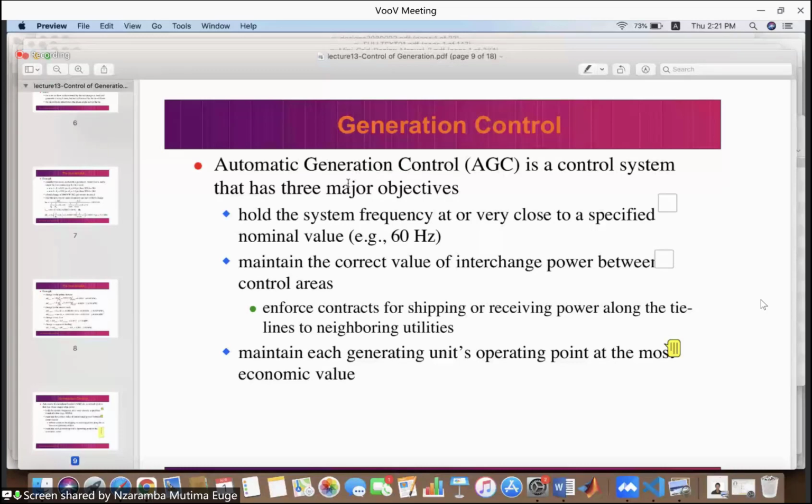The second one is to maintain the correct value of interchange between control areas, as per upfront contracts for shipping or receiving power along the tie lines to neighboring authorities. And the third is to maintain each generating unit's operating point at the most economic value.